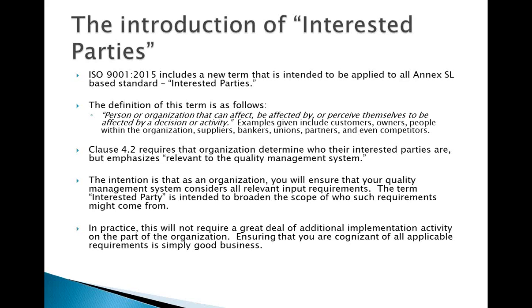But with the term interested party, what they're trying to put across is there are more influences to a quality system than just customers. And we need to recognize that there are additional inputs, and we need to be prepared to act in response to the needs of those additional inputs.